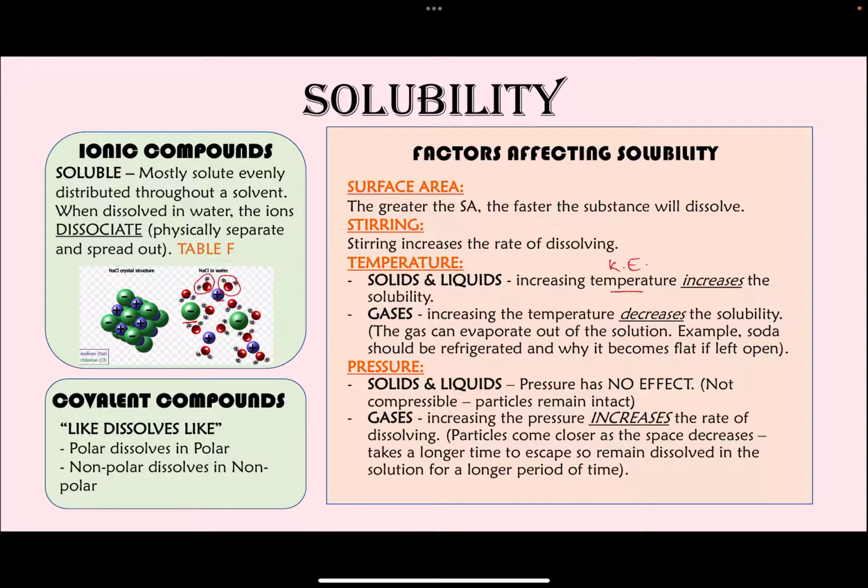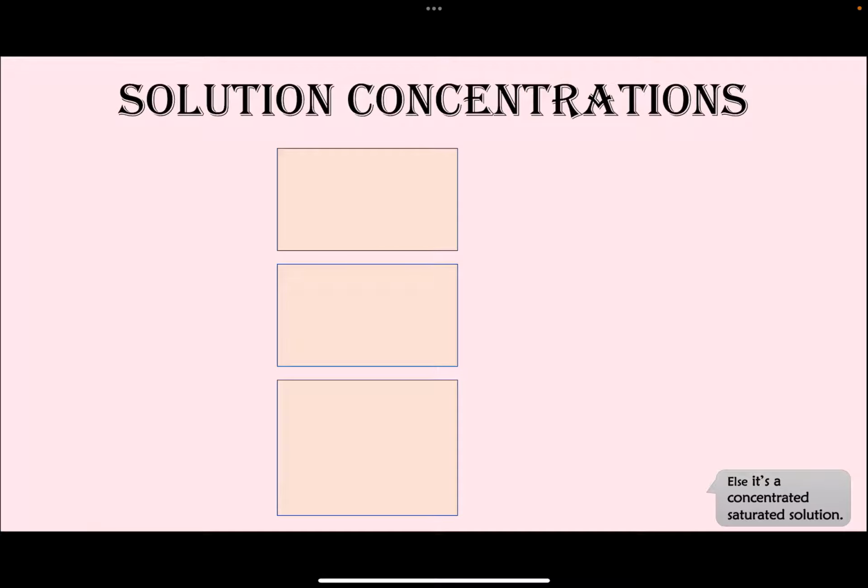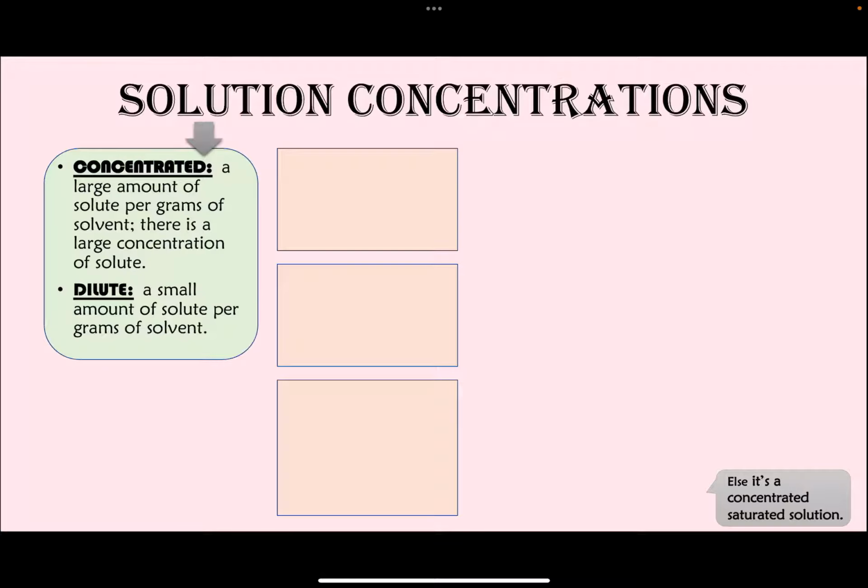So think about your soda can again. When the can is closed, there's a lot of pressure buildup in the can. So by increasing that pressure, we are forcing the gas to stay dissolved in the liquid. So let's talk about the concentrations of liquids, which basically has two terms that you need to know.